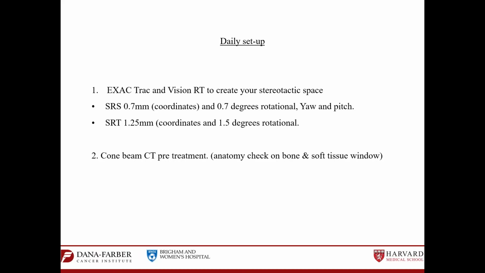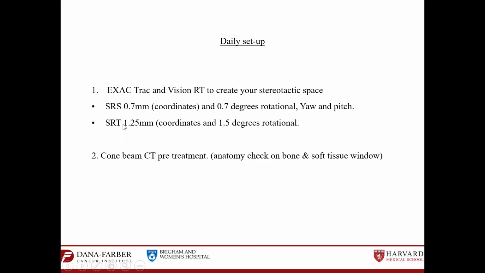For the ExacTrac, it depends on the company you are working with, but here at Brigham, for the SRS, we accept up to 0.7 millimeter in the XYZ deviation, and 0.7 degrees rotational in yaw, pitch, and roll.